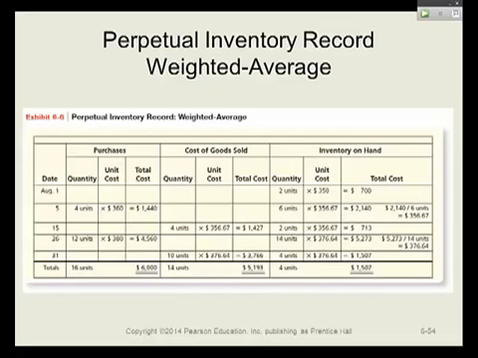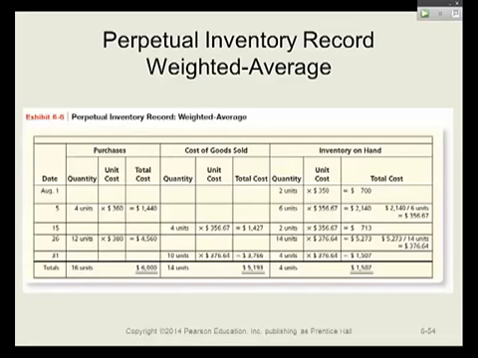All right, so when you take a look at the beginning inventory, and I'll try to bring it in as close as possible and then move back if I have to, the beginning inventory has 2 units at $350, or $700. The average cost at that point is $350.